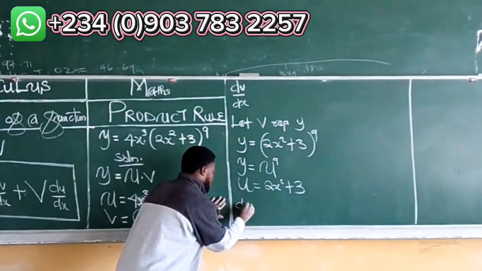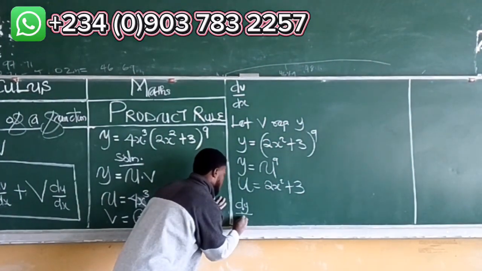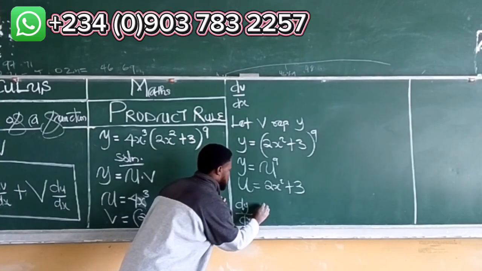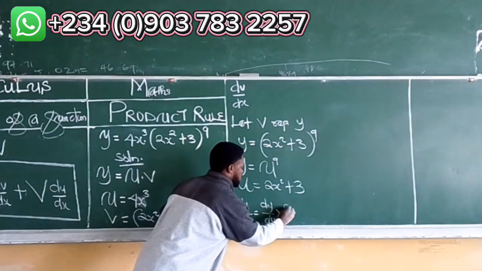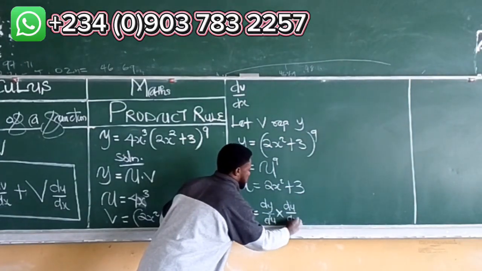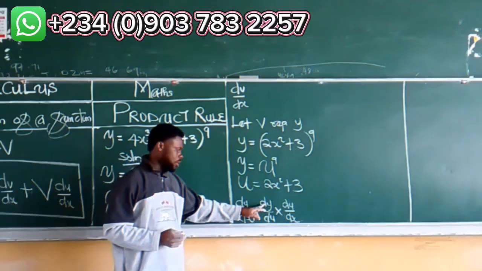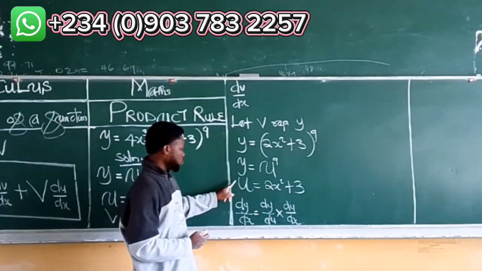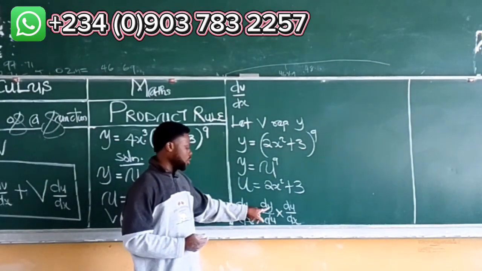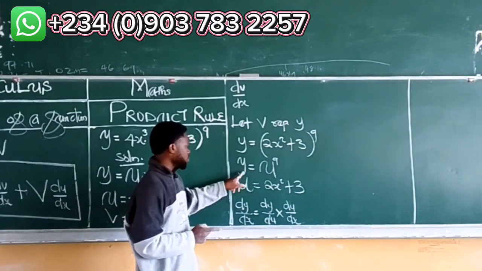In the chain rule, since y is a function of x, dy over dx will give dy over du times du over dx. Now, how do we obtain dy over du? To get dy over du, let us look for the equation here that has only y and u as the letters in the equation. So we have this.